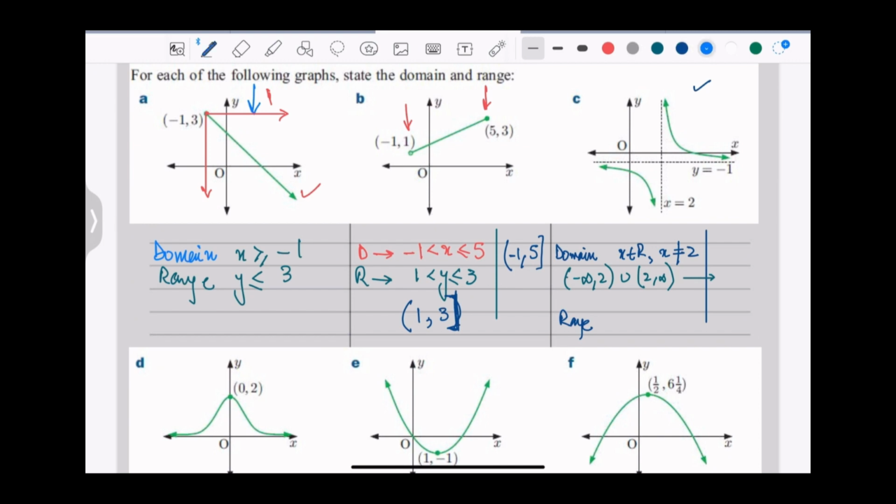The range is y also belongs to real numbers, but y is not equal to -1, and you write it down as (-infinity, -1) union (-1, infinity).